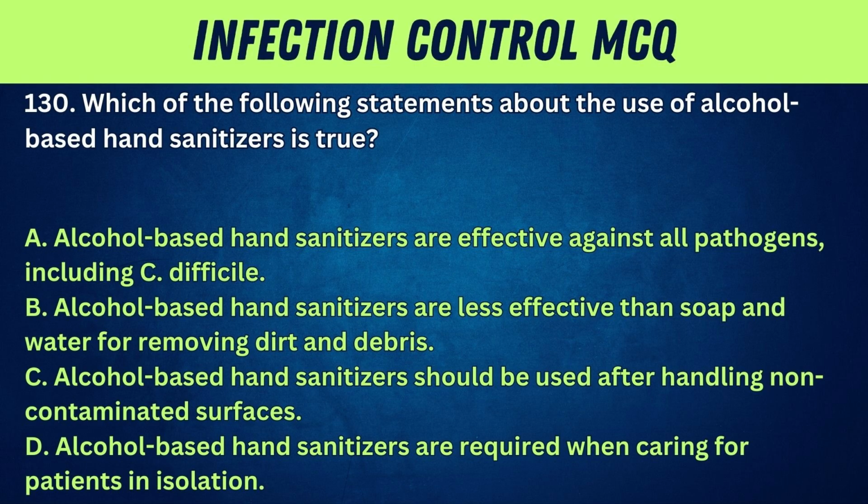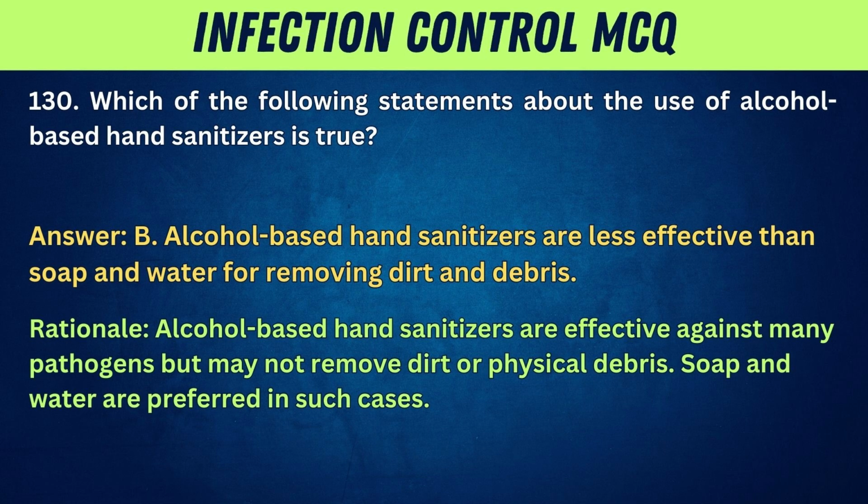D. Alcohol-based hand sanitizers are required when caring for patients in isolation. Answer: B. Rationale: alcohol-based hand sanitizers are effective against many pathogens, but may not remove dirt or physical debris. Soap and water are preferred in such cases.